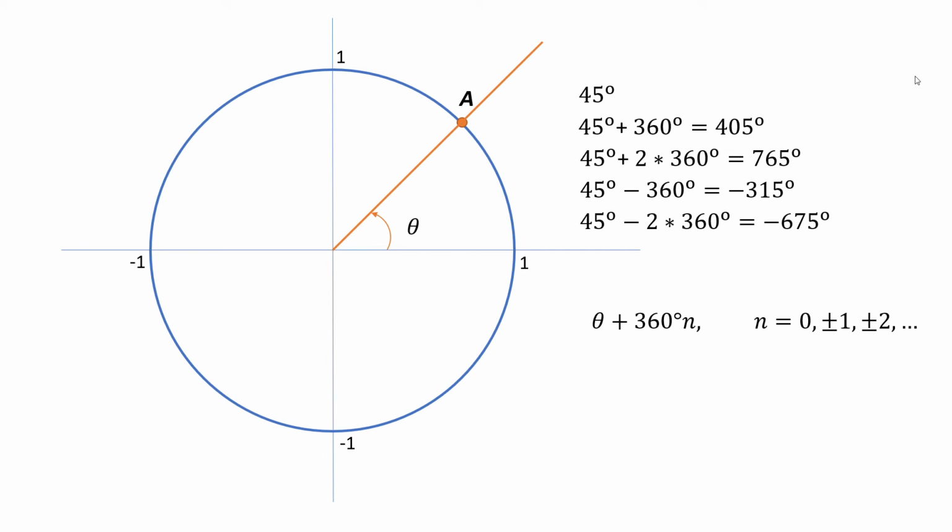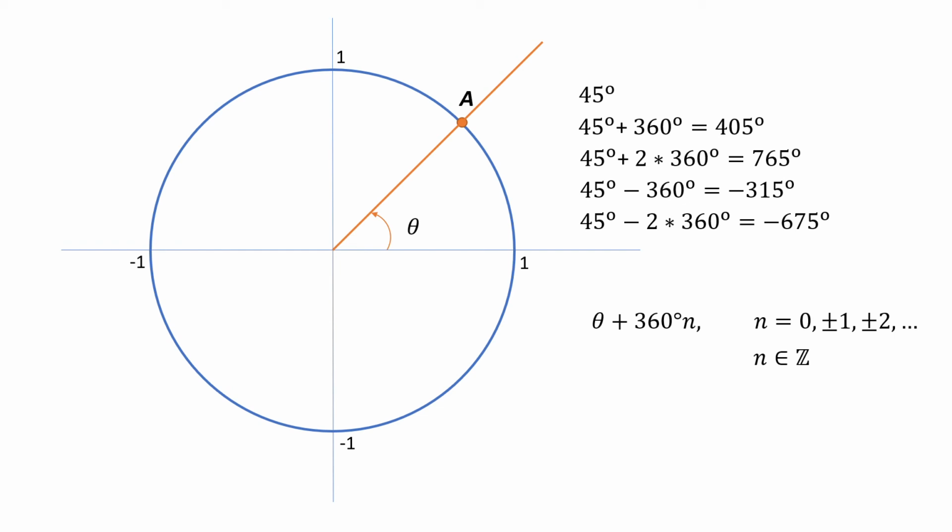So the angles we're going to get by going around, taking angle theta and going 360 degrees, either clockwise or counterclockwise, could be written by the formula you see here: theta plus 360 degrees times n, where n is any integer, 0, plus minus 1, plus minus 2, whatever you want. Okay? The other way mathematically people like to write the fact that n is an integer is by simply saying n belongs to the letter Z, which indicates the integer numbers.